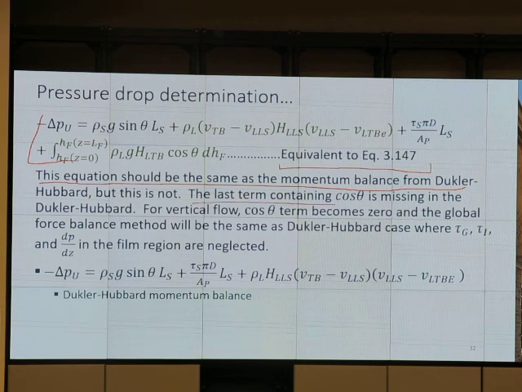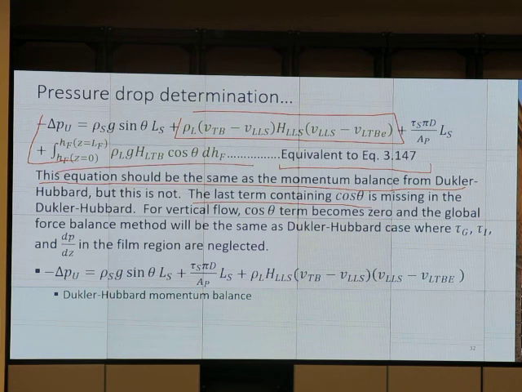The last term containing cosine theta is missing in the Douglas-Hubbard term. Douglas-Hubbard has that, but not that. For vertical flow, the cosine theta term becomes 0 and the global force balance method will be the same as Douglas-Hubbard, where tau I, tau G, and dP/dz in the film region are neglected.